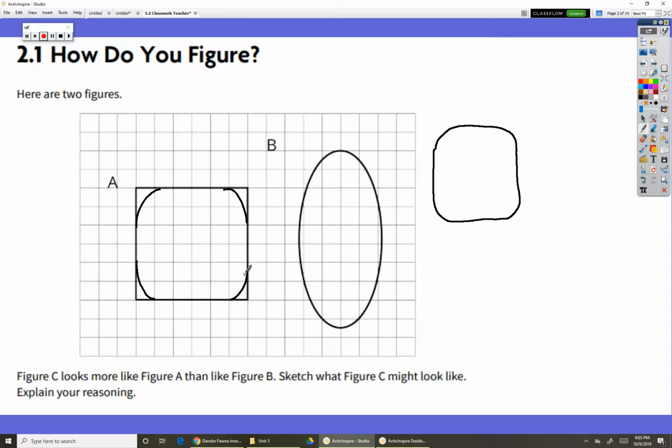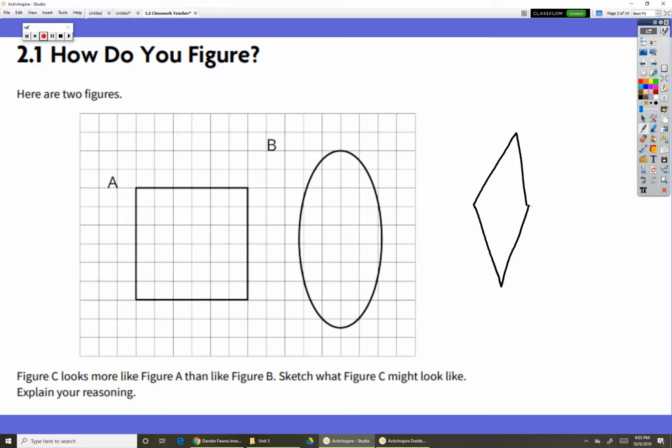So that's one thing you might have come up with. Perhaps you came up with a diamond shape. The shape is long, just like B is long or tall, but it's more like A because it has 4 straight sides, all of which are equal.